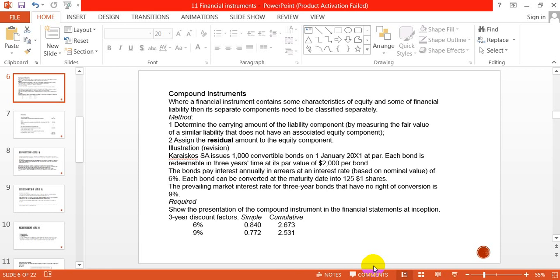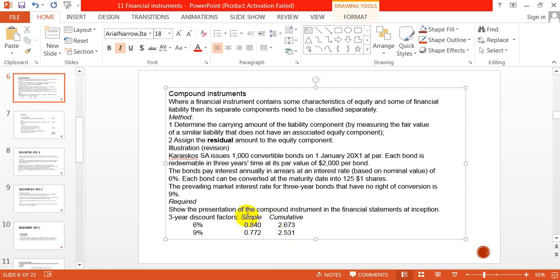Now, you are given in the question the 6% interest rate. You are also given simple interest and cumulative.